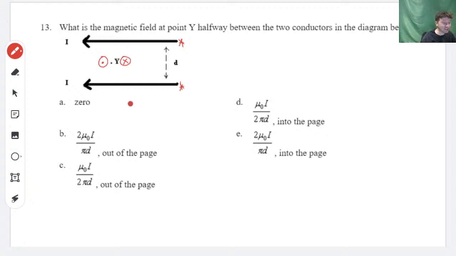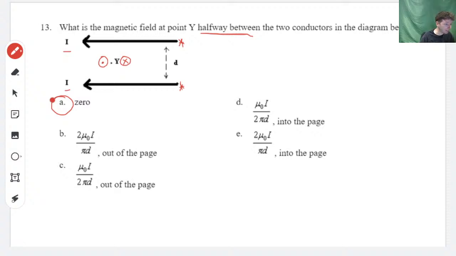And since these wires have the same current I, and Y is halfway between them, meaning that it's at equal distance to each wire, the magnitude of the magnetic field at Y is the same but in opposite directions. So the net field is actually just going to be 0. No calculations required. Okay.